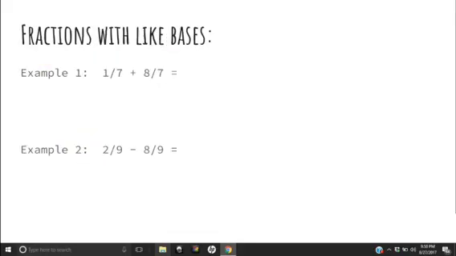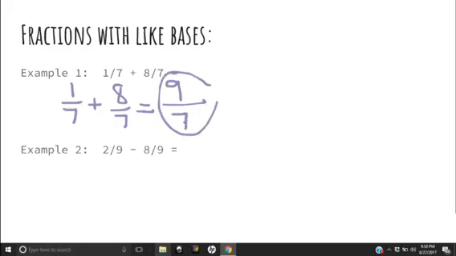Here we have fractions. Anytime you have fractions, you've got to have like denominators. 1 plus 8 is 9. Your denominator stays the same. This can't be reduced, so you can leave it just like that.